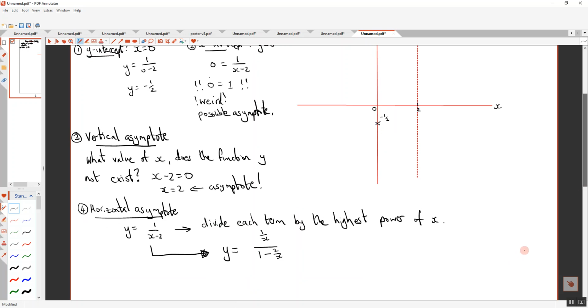Now, just as a little aside, if the equation was y equals 1 over x squared minus 2, I would divide everything by x squared, okay?